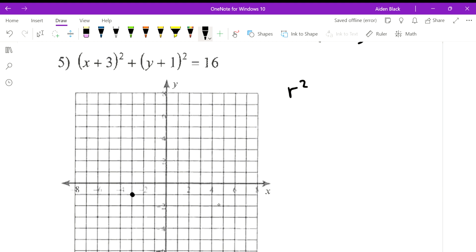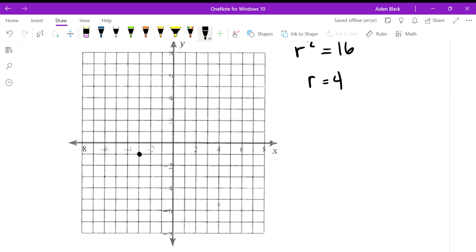And if our radius squared is 16, then our radius must be 4. 1, 2, 3, 4 in each direction. So there's where our circle goes.